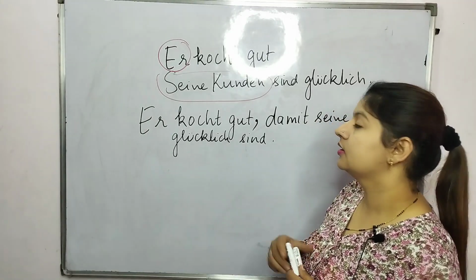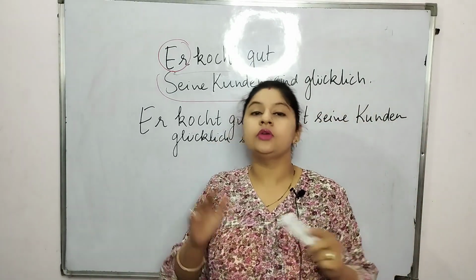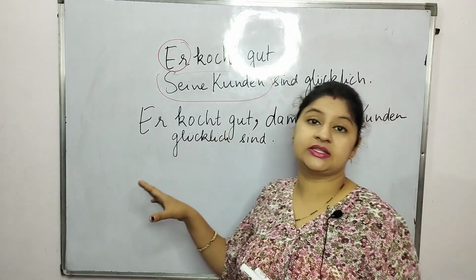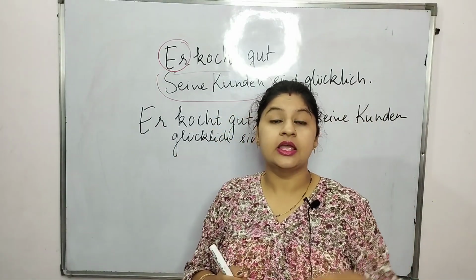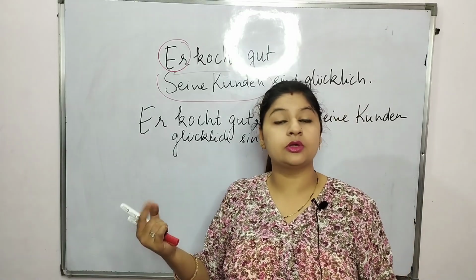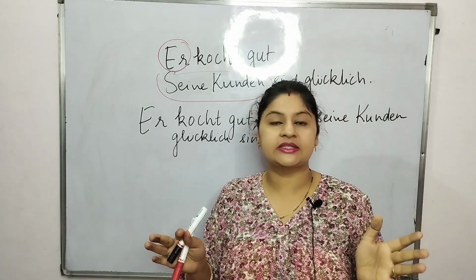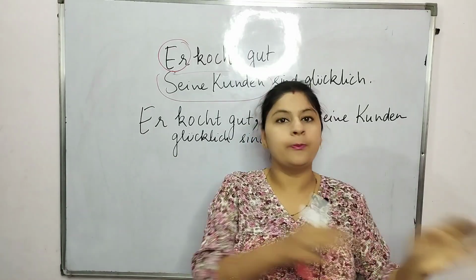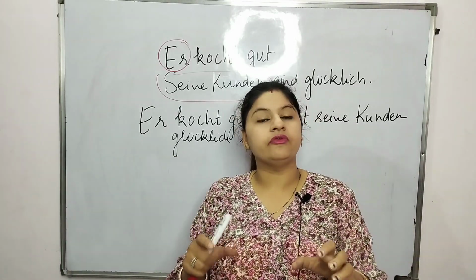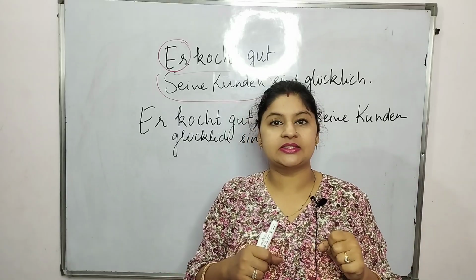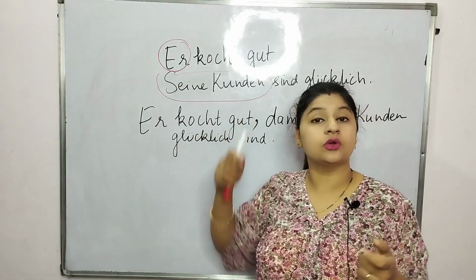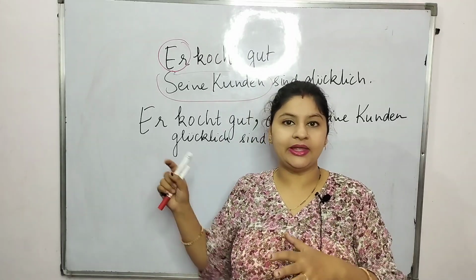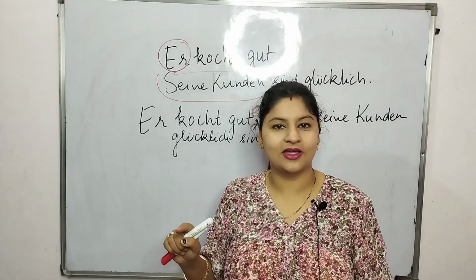So in a nutshell, what are we learning? When we have the same subject in sentence number 1 and sentence number 2, we can use damit as well as um zu, both. But when we have two different subjects, for example seine Kunden, then we have to use damit. Here the use of um zu is wrong.